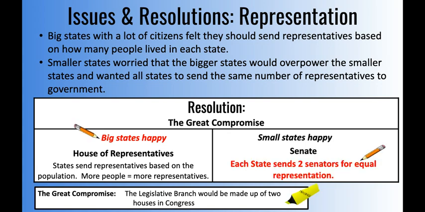But they also said that the Senate should be 2 senators from every state, and that would give them equal representation. So right now we have 50 states, so 50 times 2 is 100 senators. But the House of Representatives remained based on population. So again, an important vocab term, the legislative branch is made up of 2 houses in Congress. That is the Great Compromise.